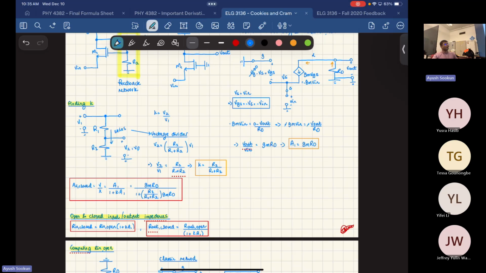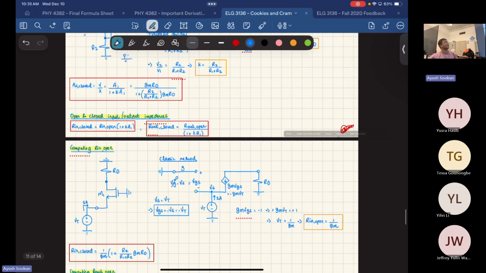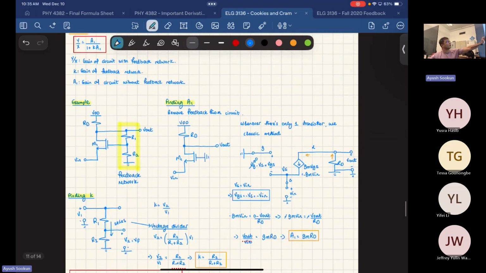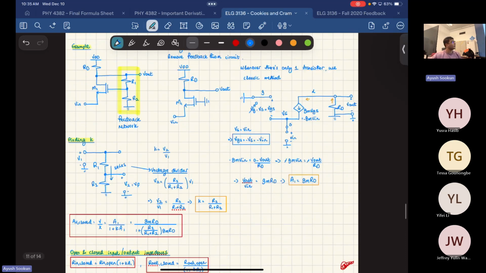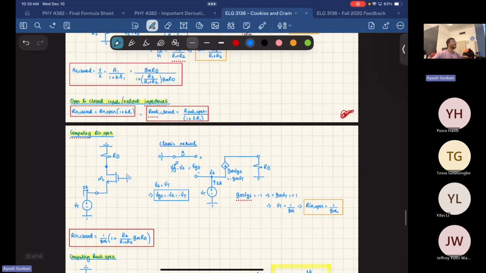Open means no feedback. So what you have to do here to find this is just like regularly what you've been learning from the core steel feedback. So that's what we'll do. To calculate R in open, so if you go over here, this is R in, all right? Kind of this arrow pointing towards the in. So here, boom. And because it's a single transistor, my way is that when I see a single transistor, I just go to the electronics one method because I know I'm pretty fast at it.